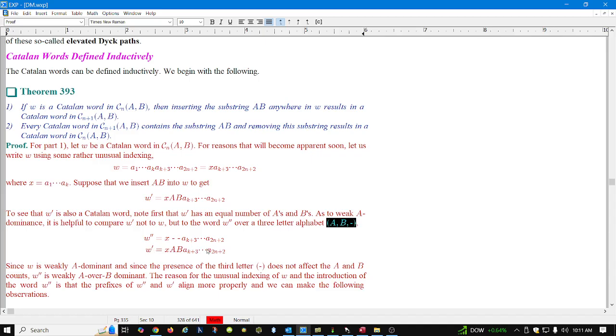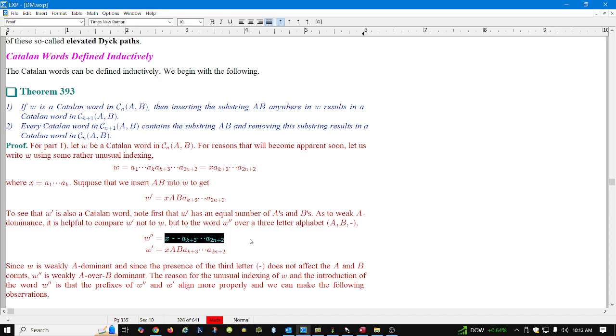Remember, we're trying to show W prime is a Catalan word. We've already said that there are the same number of A's and B's, so that's taken care of. We just have to deal with weak A dominance. Well, this word is still weakly A over B dominant.